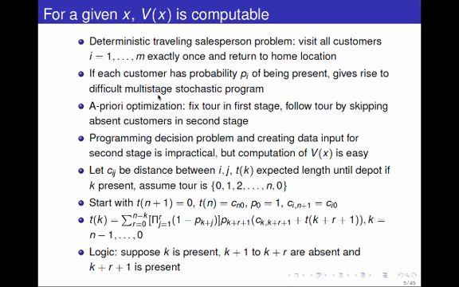You have to have a simultaneous occurrence of the following events. K plus 1 is not there, so this is the probability of that happening. K plus 2 is not there, so you're taking the product of 1 minus p of k plus j running from k plus 1 up to k plus r, and then k plus r plus 1 has to actually be there. So you can write this recursive formula for t of k.